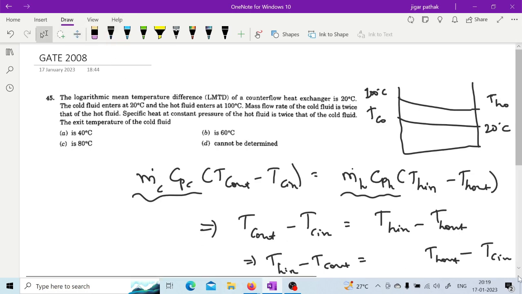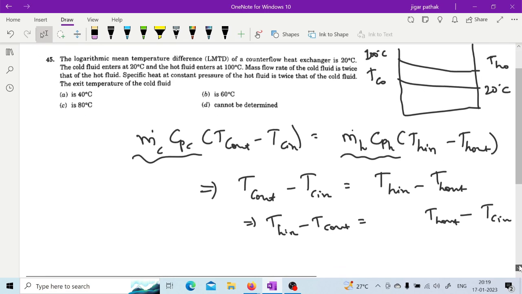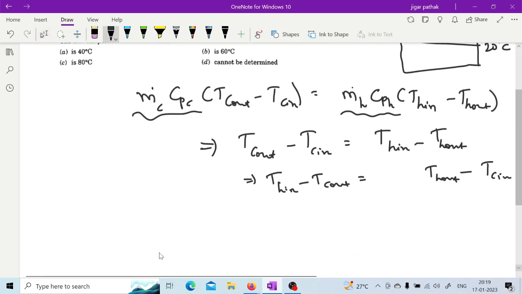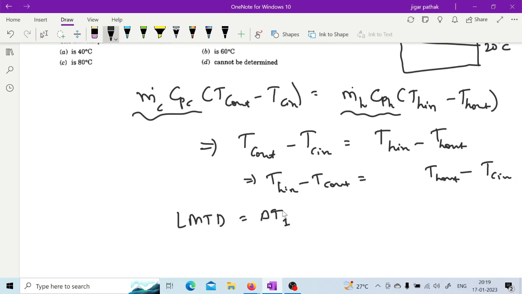So here your LMTD is again delta T1 equal to delta T2, right? Equal to any of the differences. So LMTD is delta T1 minus delta T2 upon ln delta T1 by delta T2.